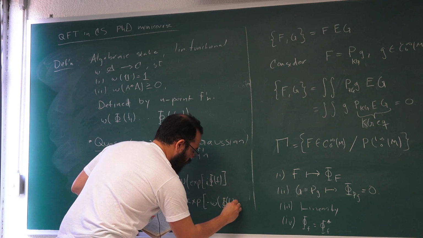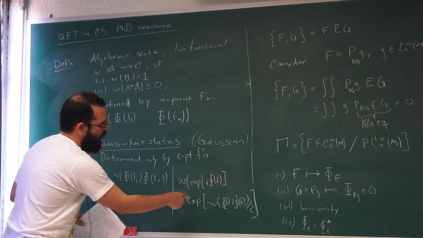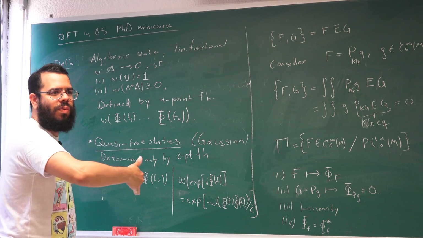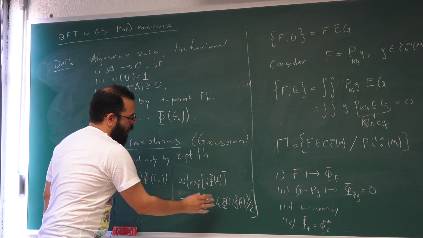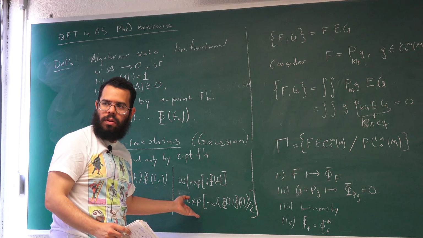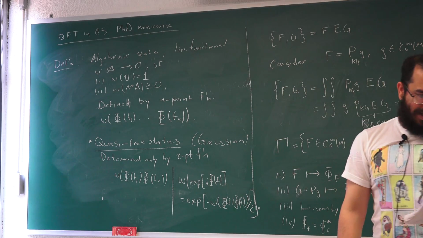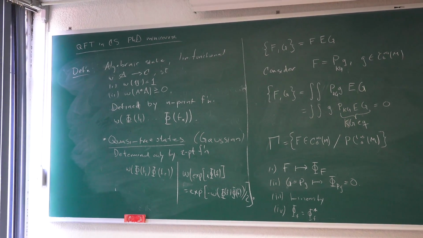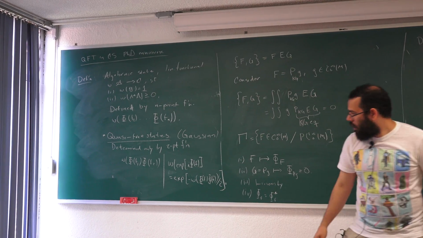So if you expand this formula and check power by power, you can see how to write, for example, the 4-point function: you expand this to order 4, and you get a 4-point function here, and you see how to write the 4-point function in terms of 2-point functions by expanding this exponential on the other side. Okay, that's a nice formula that you have for quasi-free states. It's like a big formula, no? Yeah, that's right. That is correct.